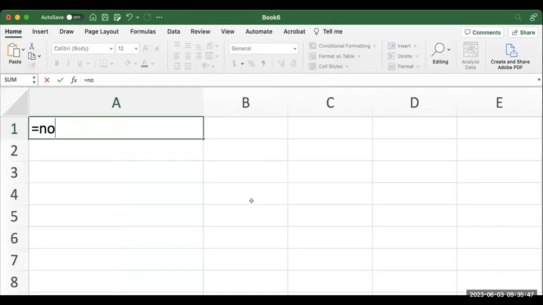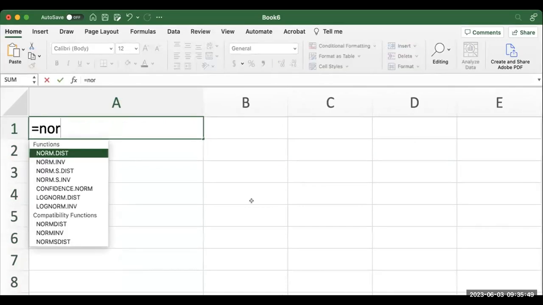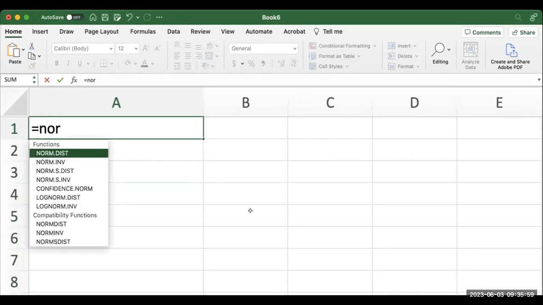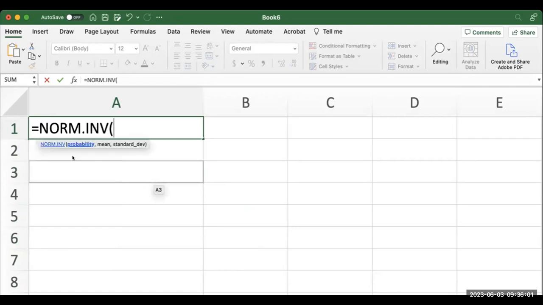Okay, so I'm going to use norm inverse. And if I use this one, I don't have to do the standard normal. I have to mention the mean and standard deviation. So the probability, the left side, is 98%, and I put it as a probability, so 0.98, and then the mean is 64, and the standard deviation 12.